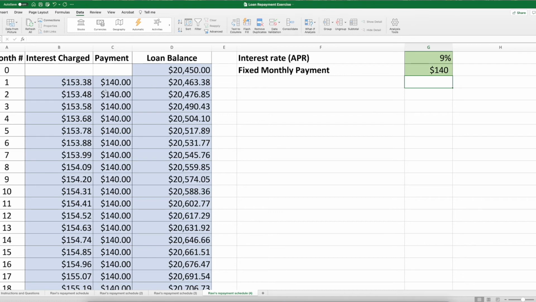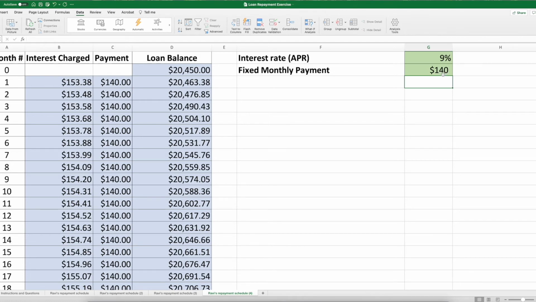Now, as you can see in this case, the force that is increasing the loan balance, the interest charge, is greater than the force that is decreasing the loan balance, which is the payment. So it's no wonder that the loan balance is going up rather than going down, right? As long as the payment that Ravi is making is below the interest charge in his first month, his loan balance is going to grow, and it's going to be the same case for subsequent months as well.